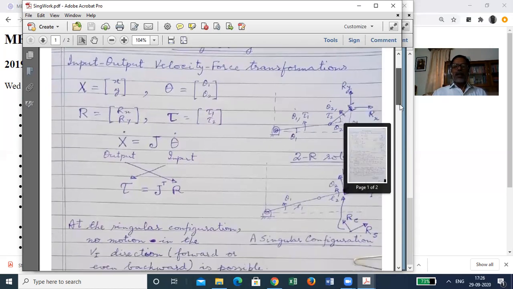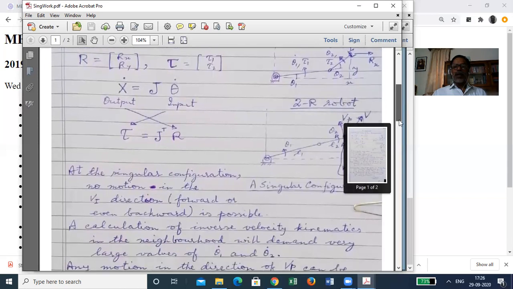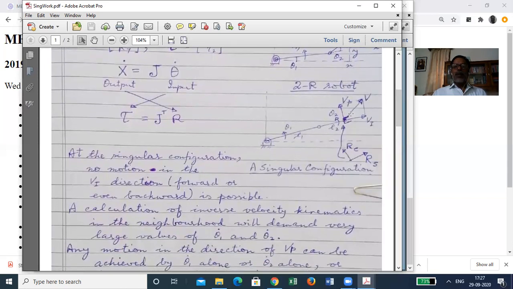But in a configuration which we call a singular configuration, where both the links are aligned like this, you will notice that any motion that you give to the first joint, that is any theta1 dot that you give here, will produce a motion of the hand in this direction, in the direction Vp, velocity possible. Okay.